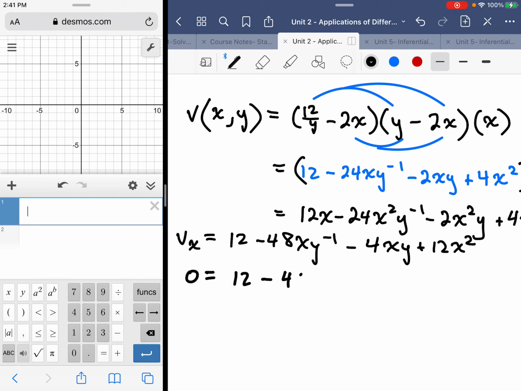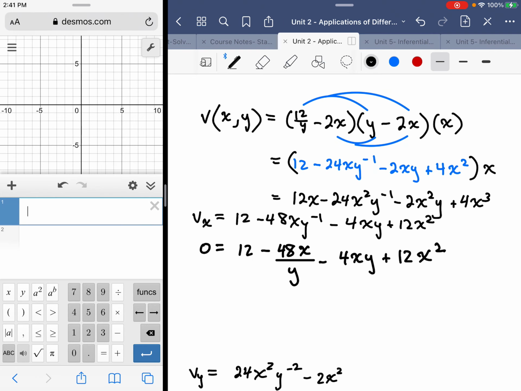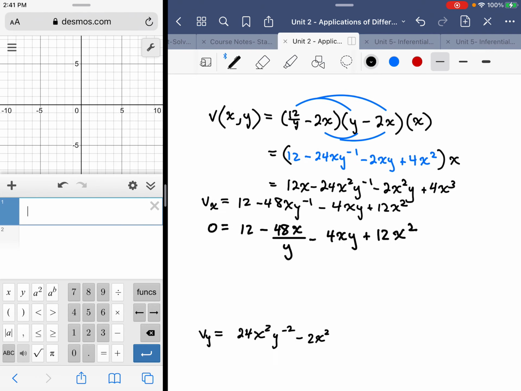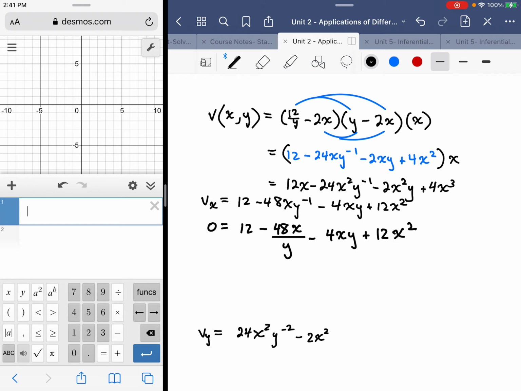So minus 48x over y minus 4xy plus 12x squared. All right, I'm going to run through the y. So 0 equals 12y minus 48x minus 4xy squared plus 12x squared y.